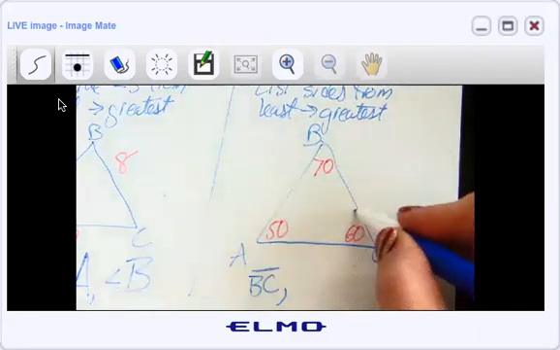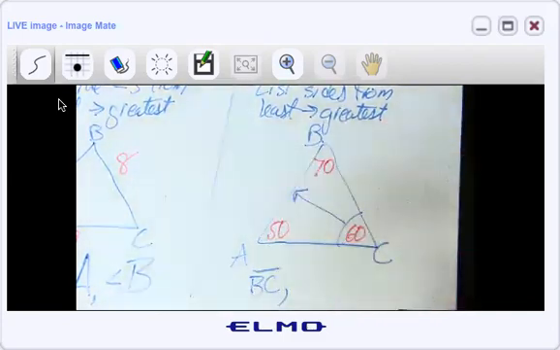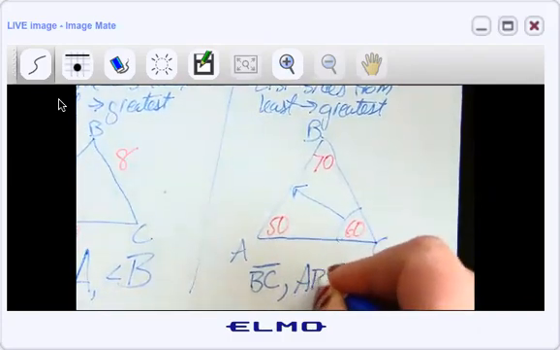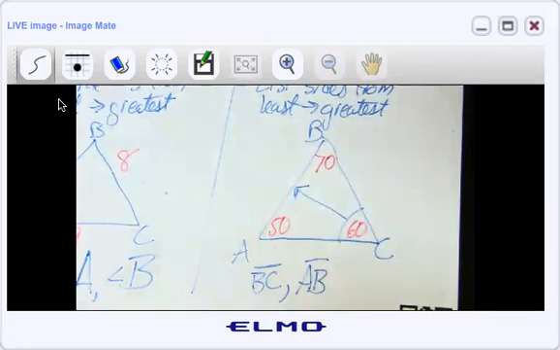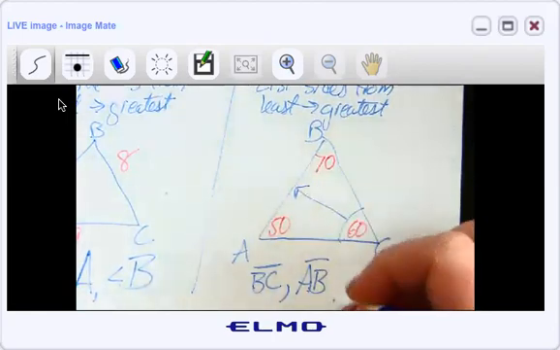Well, here's 60. So across from it is side AB. AB's got to come next, which means that the only side left has to be our largest one, which makes sense because it's across from 70. The biggest angle would be across from AC.